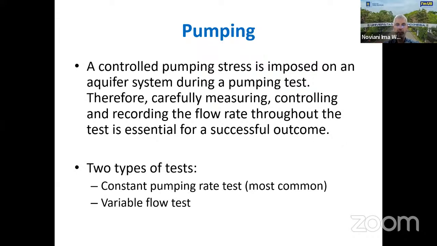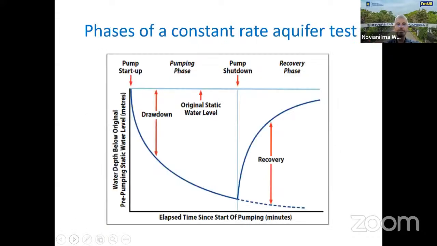What I'm saying is, most people prefer to use constant flow, but variable flow is also possible. So the pumping rate is another decision you have to make as a hydrogeologist. How much water do I want to pump? And then you have to decide to do it constantly or variably.